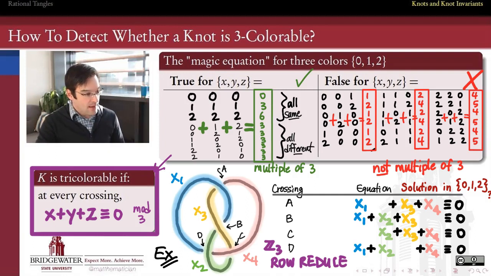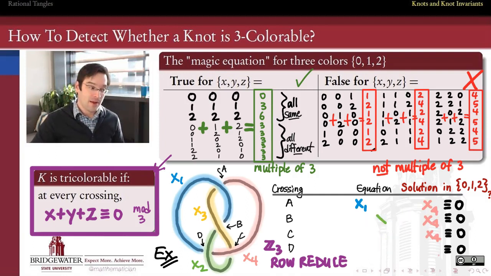basis. Now I'm going to spare you the details for now, but if we do this row reduction, we find out that the row echelon form for this 4x4 system looks like this. x1 minus x4 is congruent to 0, x2 minus x4 is congruent to 0, x3 minus x4 is congruent to 0, and then on our last row, we end up with 0 is congruent to 0.